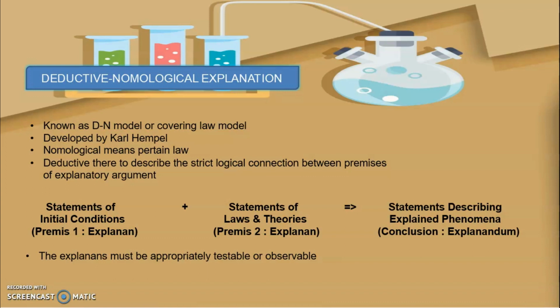These 2 classes of statement or premises are called the explanans, which should be testable and observable, and the conclusion of the argument, which is the statement describing the phenomenon that is explained, is called the explanandum. If you still remember, we also learned about this in MathLogic, where we have premise 1, premise 2, and also a conclusion.